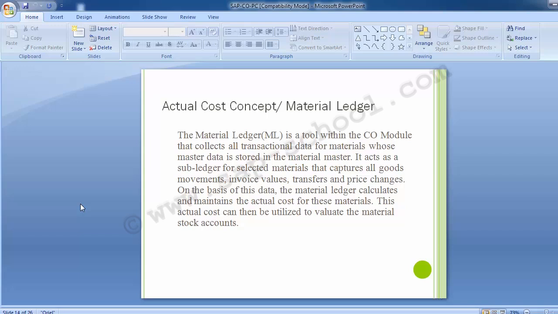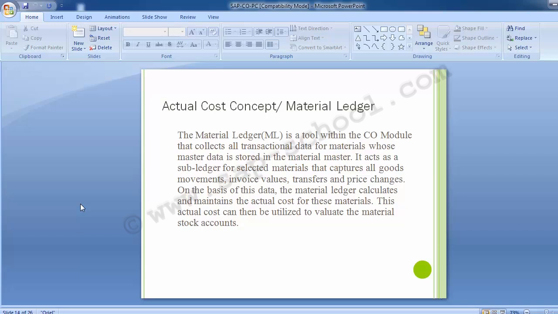So moving on, the material ledger, which is known as ML in short, is a tool within the CO module that collects all transactional data for materials whose master data is stored in the material master. It acts as a subledger for selected materials that captures all goods movement, invoice values, transfers, and price changes.